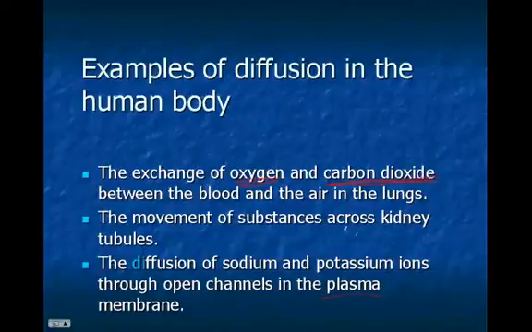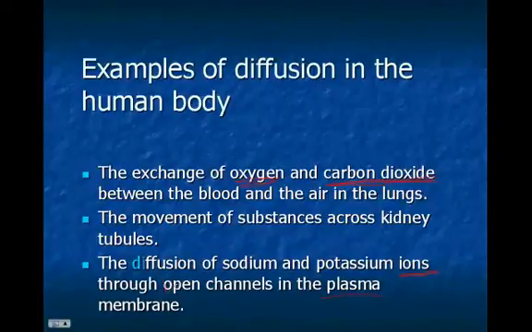If you look at this phrase, the diffusion of sodium and potassium ions, that tells you that if it's an ion, it's charged. It's either gained an electron or lost an electron. Remember that from the chemistry chapter. So in that case, simple diffusion right across the membrane would be much harder because things that are charged don't like to move across that membrane.